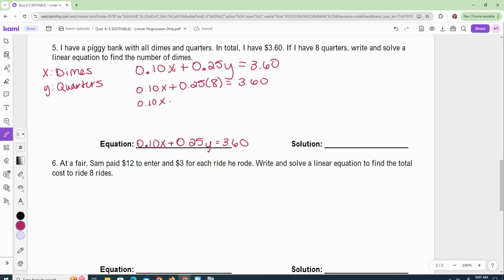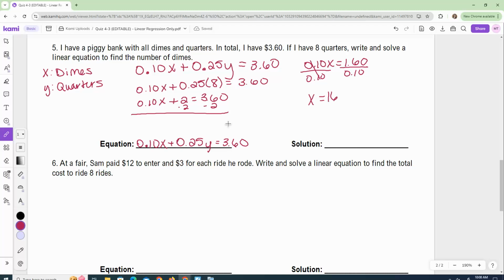So 0.25 times 8 is 2. Subtract over our 2. We have 0.10x equals 1.60. Divide. And you get x to be 16.